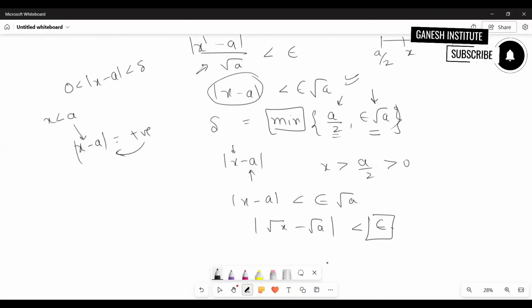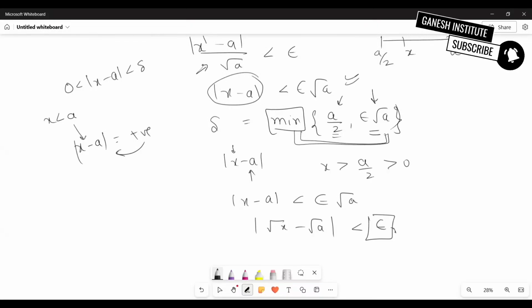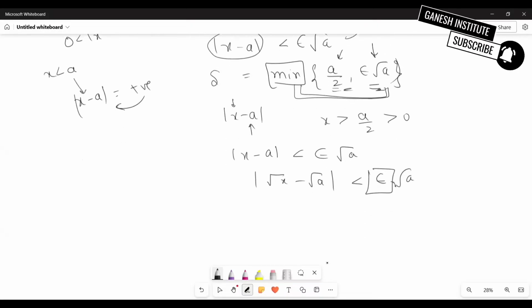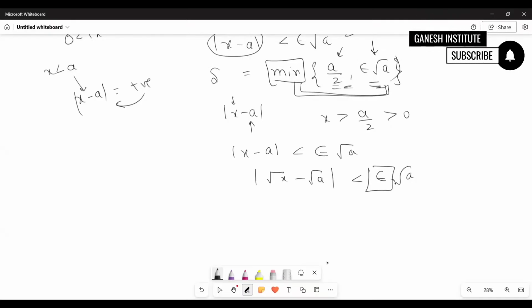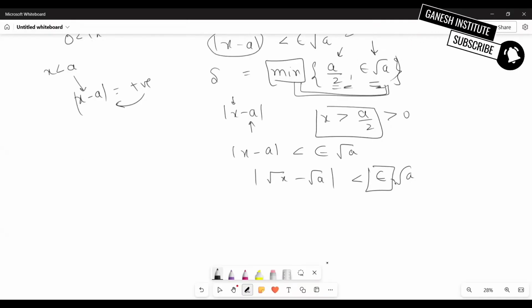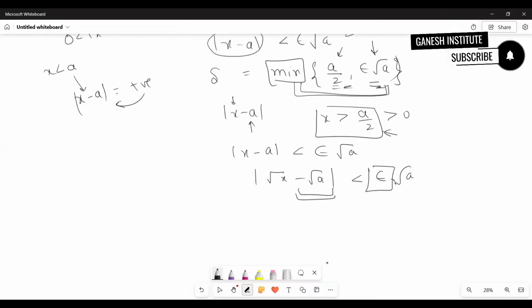If it is lesser than epsilon, I have to consider delta as the minimum of these two. So that means you can see that here x is greater than a by 2, right? And here I have root x minus root a. I'm taking away something from root x, and this is making it lesser than epsilon root a.